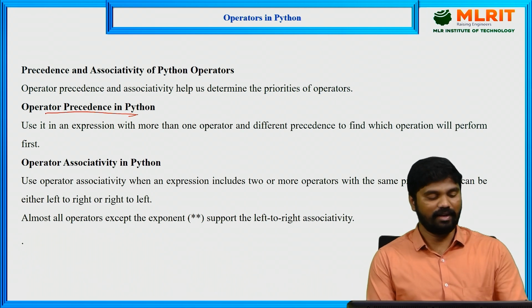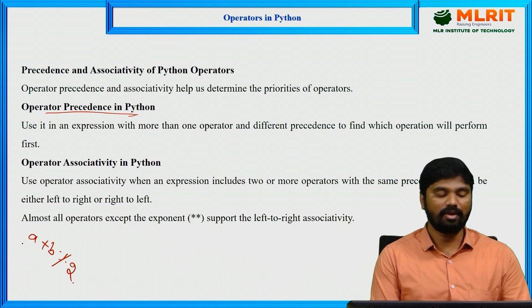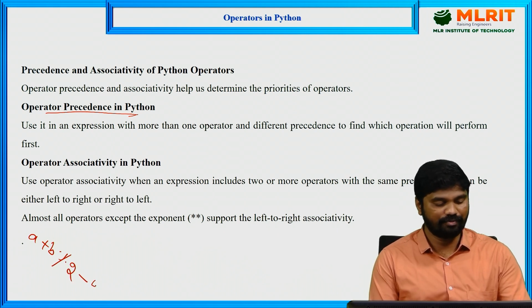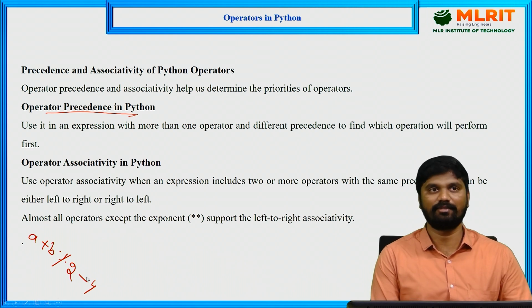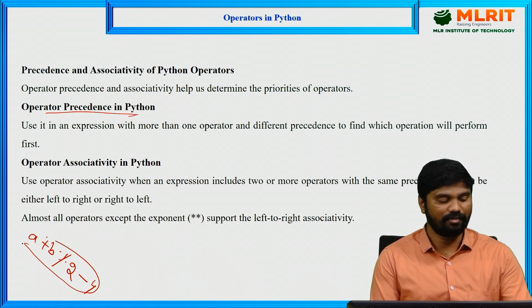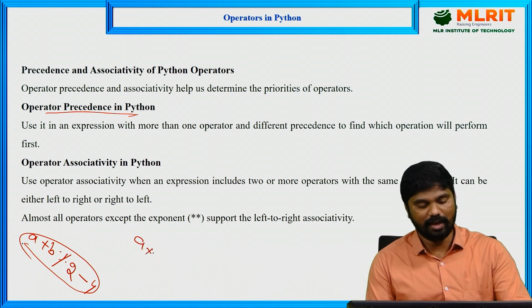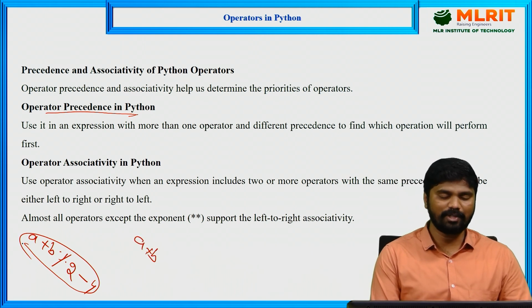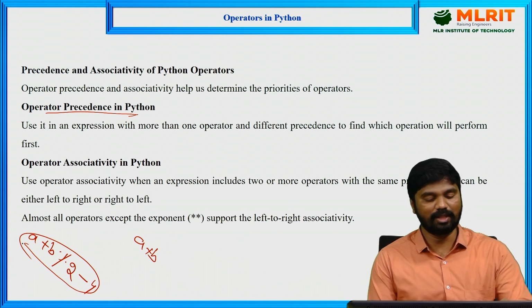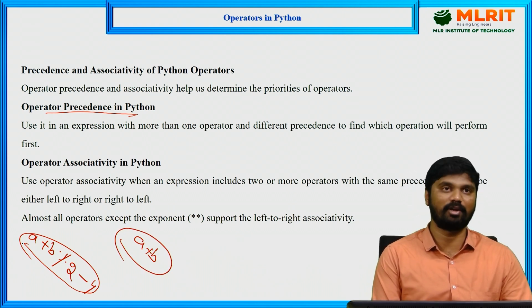For example, there is an expression a plus b divided by 2 minus 4. This expression contains more than one operator. For example, a plus b has only one operator, so the Python virtual machine won't get confused. It directly performs the addition operation.